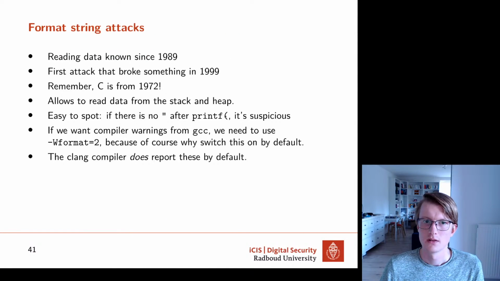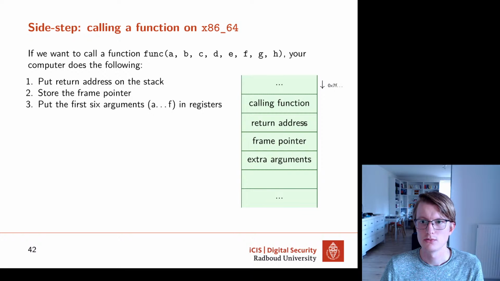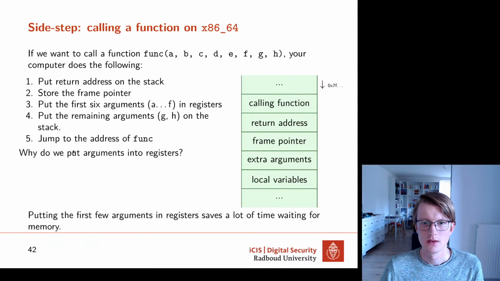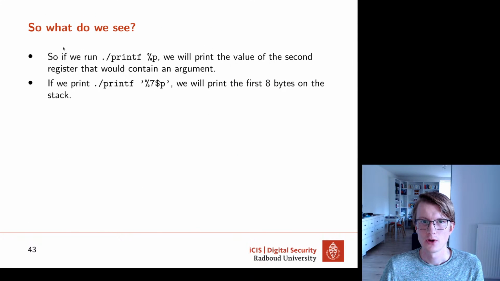Again, if you call a function, you will first put the return address on the stack, then the frame pointer, and then there will be 6 arguments in registers, and then the remaining ones are on the stack, and then you jump to the address of the function that you're calling. The arguments are in registers because that saves a lot of time. So what do we see actually?